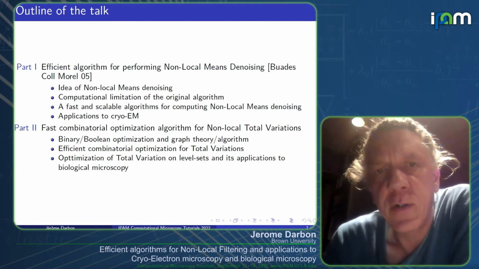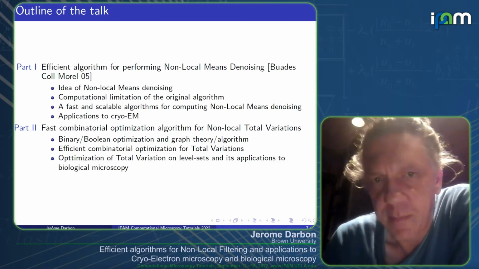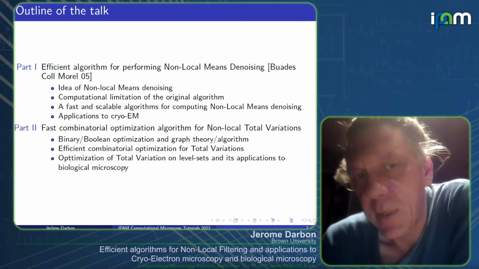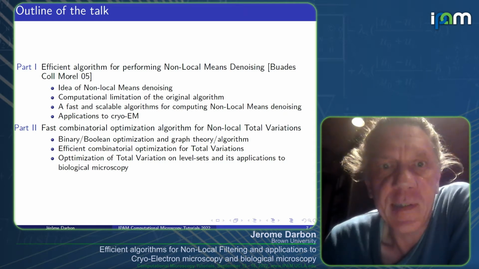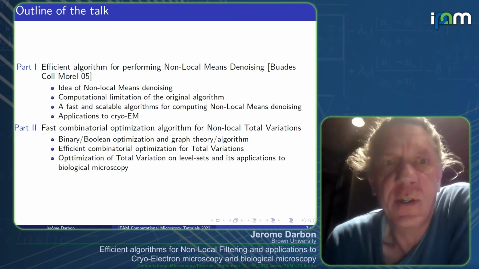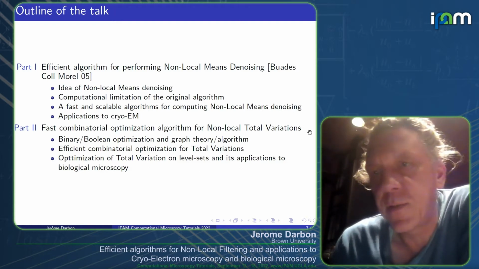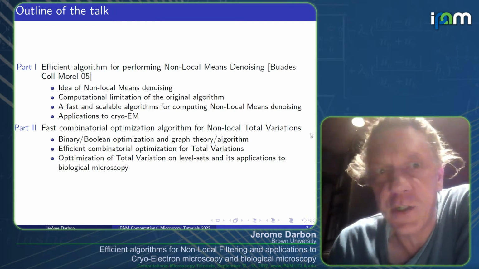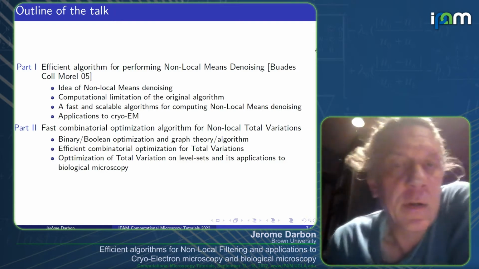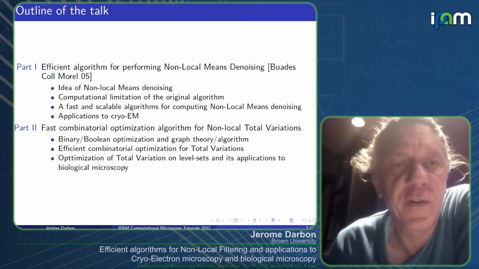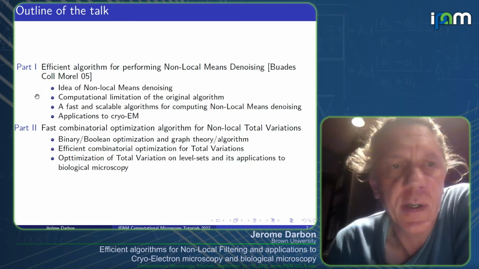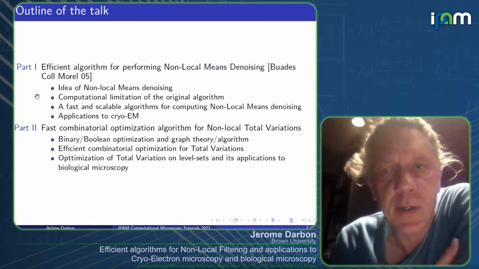And then I will show you how you can rewrite the original algorithm in such a way that it will give a fast and scalable implementation of non-local means tailored to modern computing architecture with 100 times speed up. And I will also show you some applications of this method to Cryo-EM.